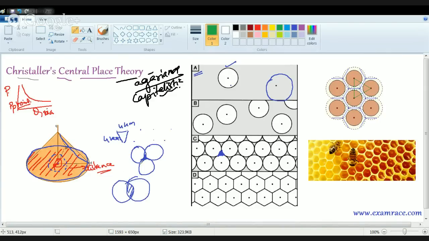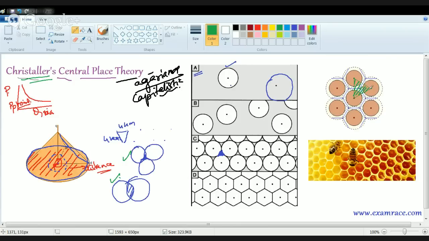Finding difficulties with these two patterns, Christaller suggested that there should be a shape which exactly fits one another and retains the properties of the circle. So he suggested a shape which is hexagonal, with 6 sides. Now if I draw 3 circles here and join the points of these 3 circles, it gives an equilateral triangle.